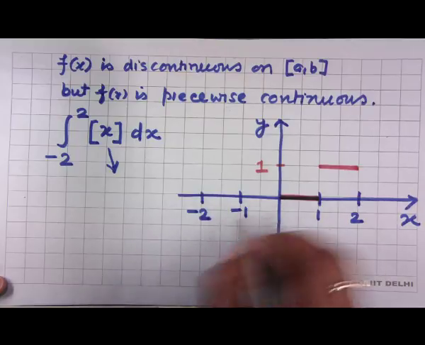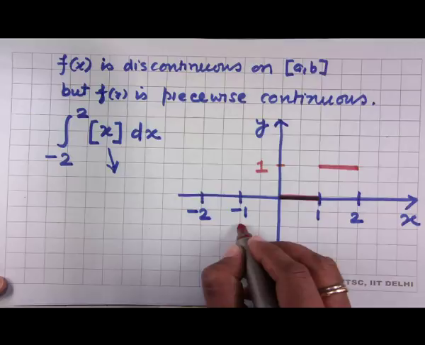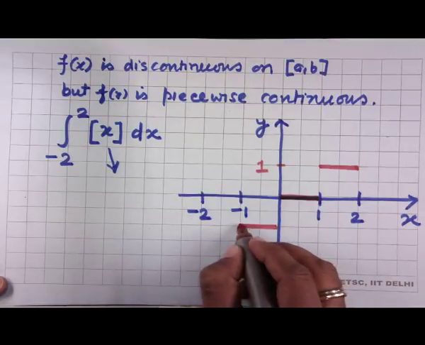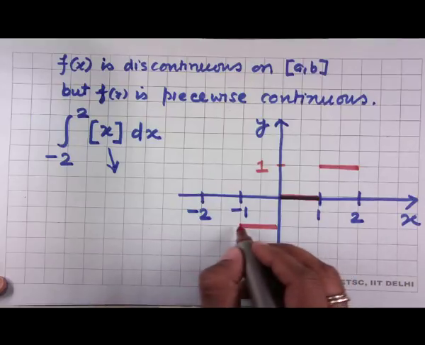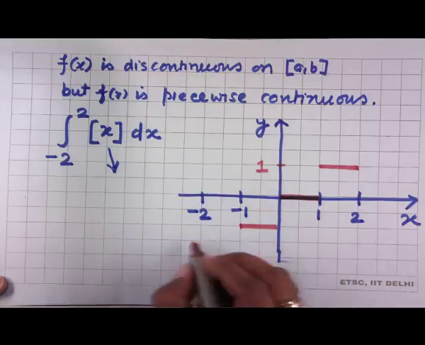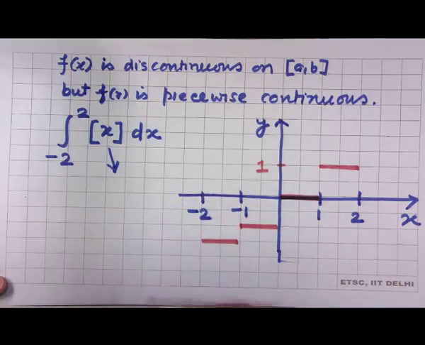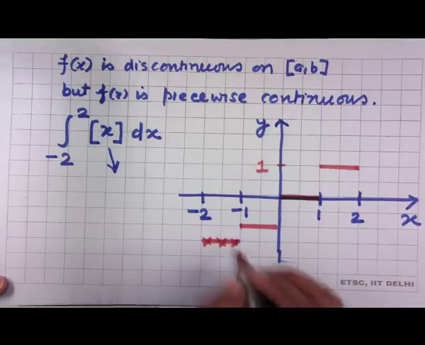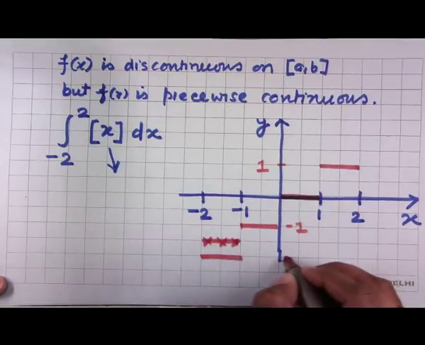And between minus 1 and 0 it takes value minus 1, at minus 1 it is minus 1, and between minus 2 and minus 1 it is minus 2. This is minus 1, this is minus 2.